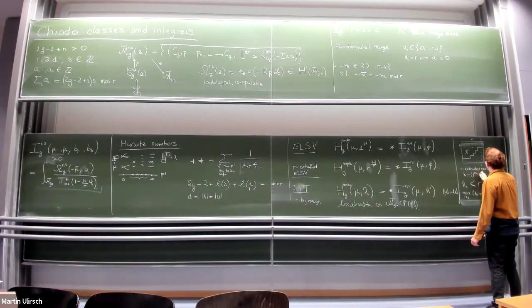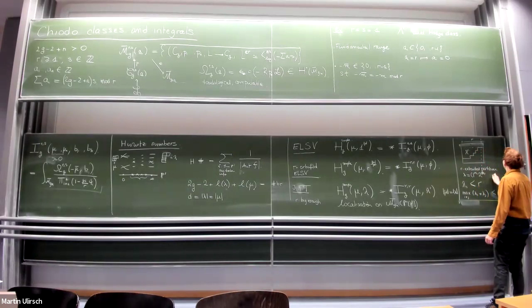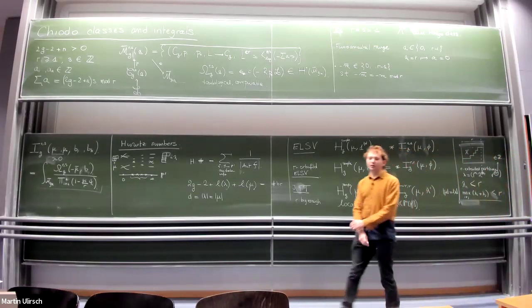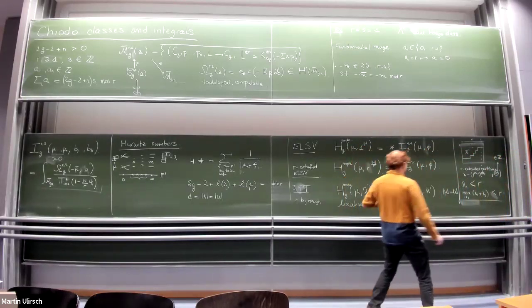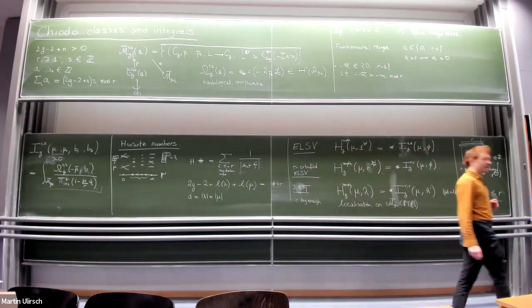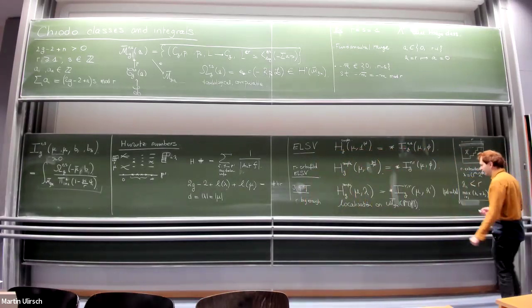We have parts of size 1, of size 2, and of size R, and you're going to allow this one to be negative. In that case, of course, there shouldn't be any Hurwitz number, so this left-hand side is 0. But the formula somewhat still holds, and you do have vanishing.